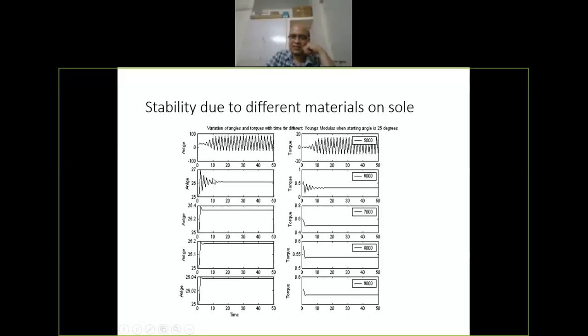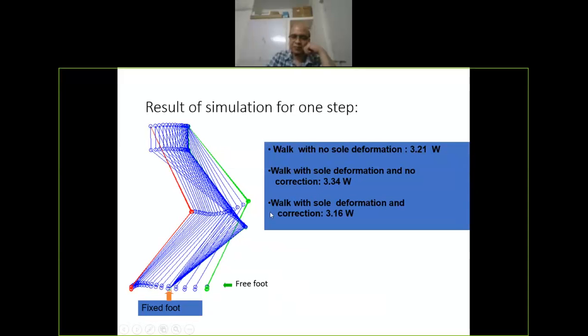If it is less soft, it will oscillate a little bit. But if it is just optimal, the system is not going to oscillate. This proves that there is a reason for having a soft sole, and one of the reasons is to save energy when we are walking.